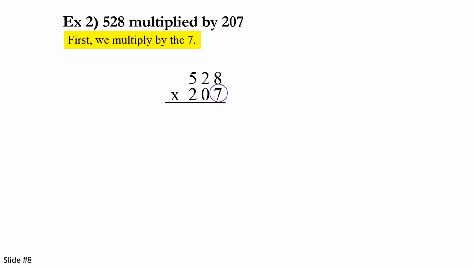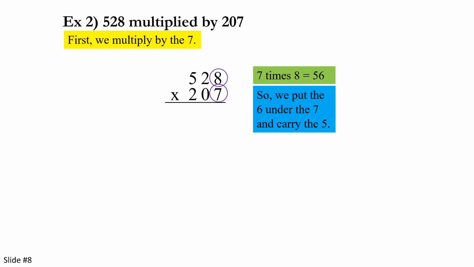Example 2, 528 multiplied by 207. So I write it this way. We start by multiplying with the 7. 7 times 8 is 56.